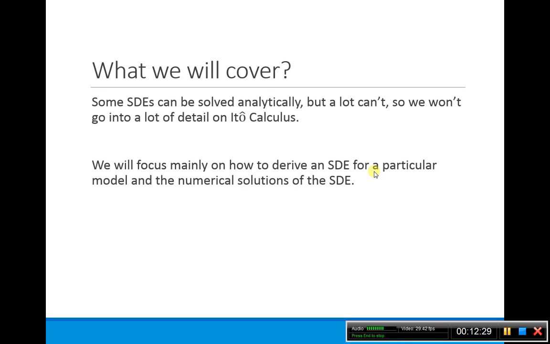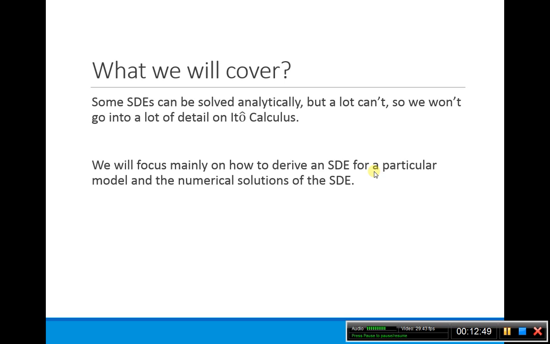Okay, so what we're actually going to cover is that there are a lot of stochastic differential equations that can't be solved analytically, and to solve things analytically we need to go into a lot more detail about Itô calculus. I just gave you a broad overview to show you that it was different from Riemann calculus.